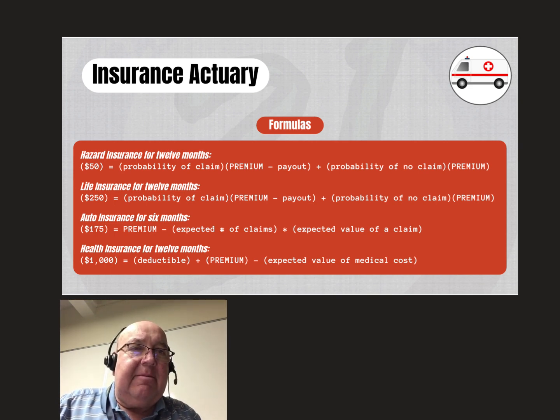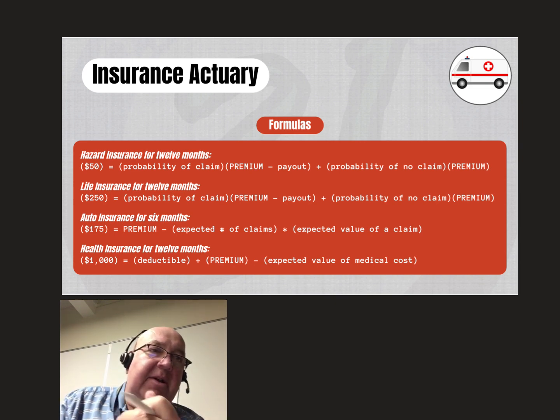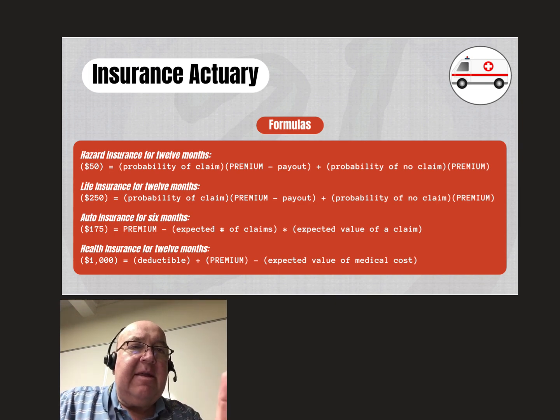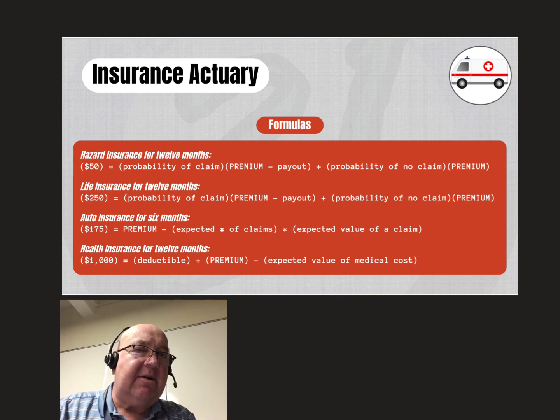And we're going to find that when we add the probability of a claim times the premium to a probability of no claim times the premium, that becomes 1. And then that probability times the payout is negative. You'll add that to the other side, and that will be how you find out the hazard life insurance policy premium and the life insurance for 12 months.